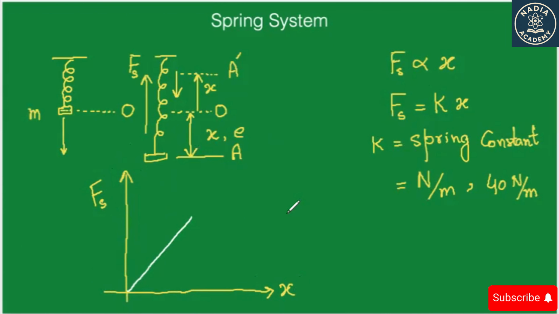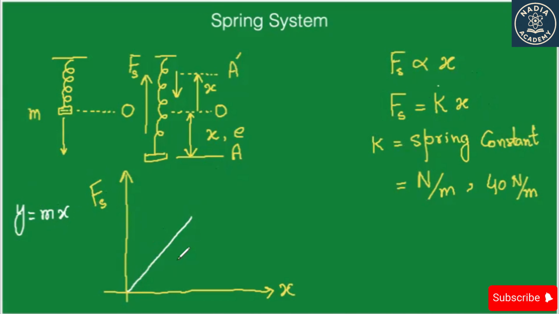It means we will have this kind of a situation. So the gradient of this graph will be equal to the spring constant, because this is a straight line which follows y is equal to mx, and the y-intercept is 0. y is the spring force, x is the extension, then m is the gradient. By comparing this with the equation of the spring force, we can see this gradient is the spring constant.